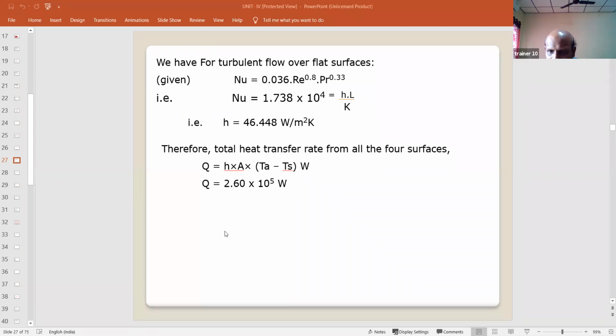Okay. 10 to 26. Anybody is there? Regular 10 to 26. 9 okay. 29, regular 29.